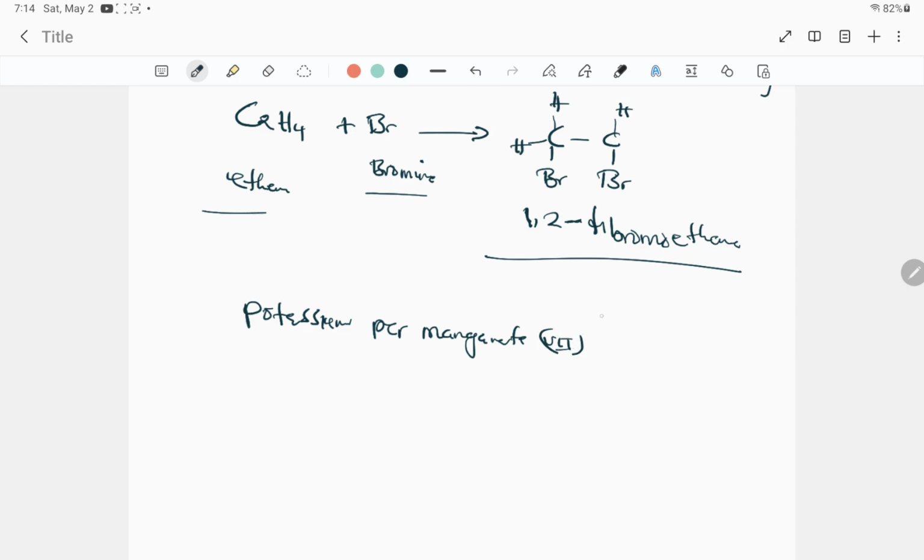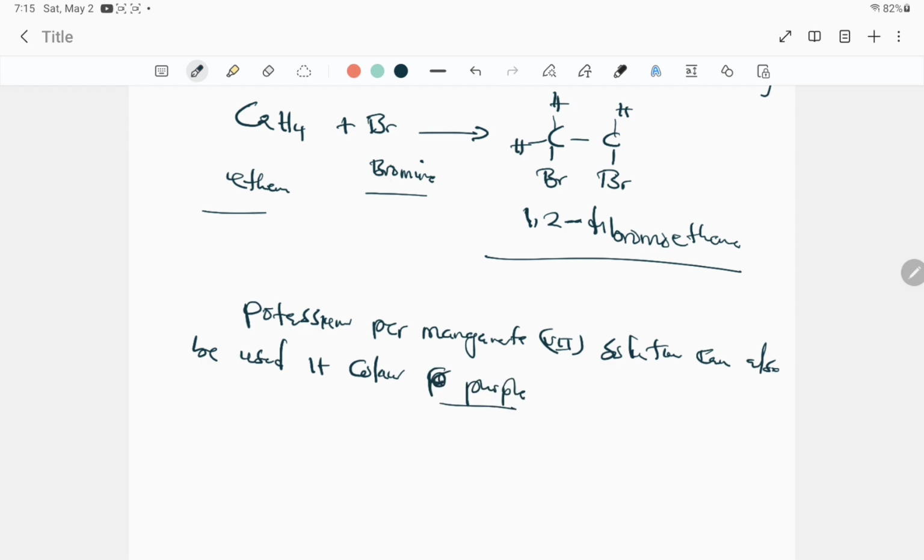Potassium permanganate solution can also be used. The color of potassium permanganate is purple.